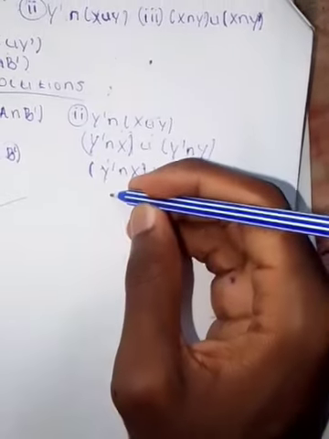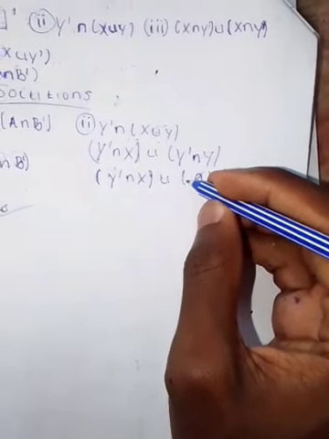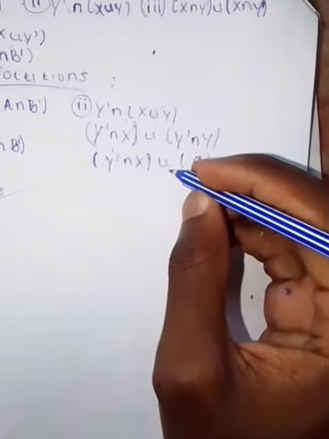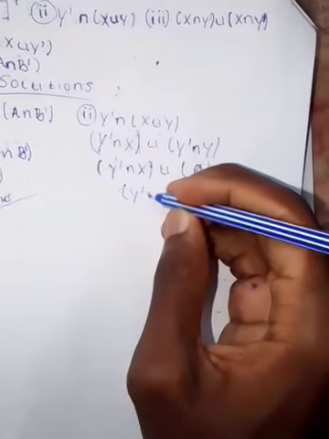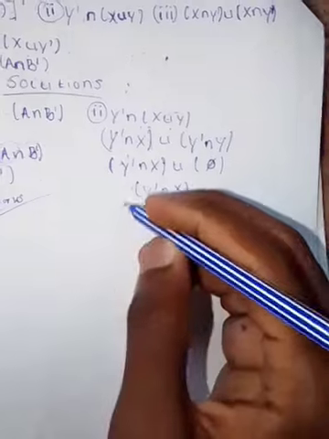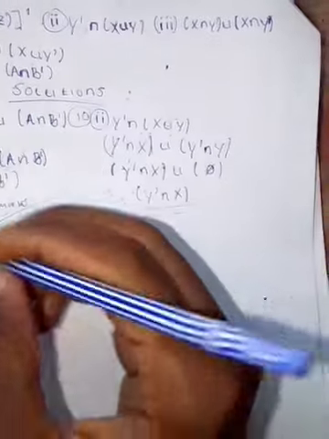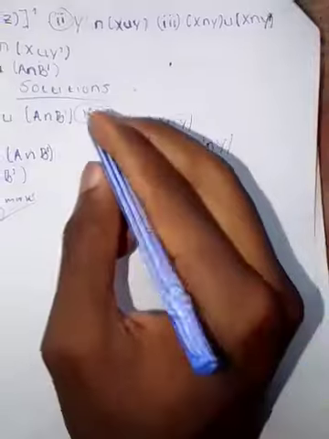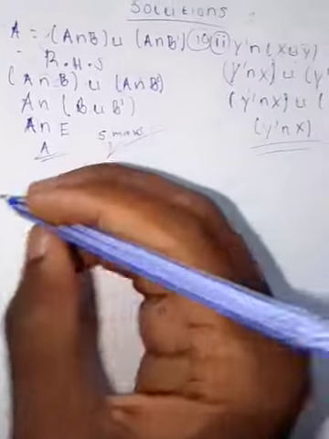And then when we unite an empty set with any set, we are going to get back the set itself, right? Okay, so this is how you simplify. This is the final answer, and this is actually question 10. Question 2 of question 10. I made a mistake.